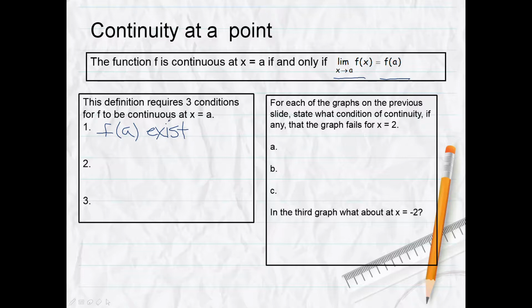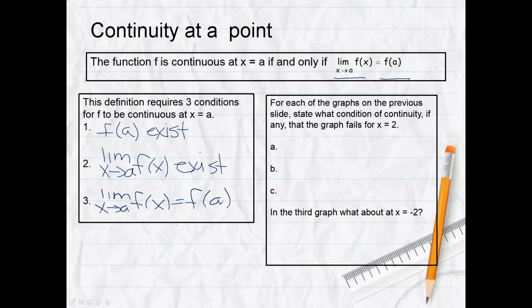We have to have a value for the function at that given x. Also, the limit has to exist. And then finally, if both of them exist, they have to be equal to each other.